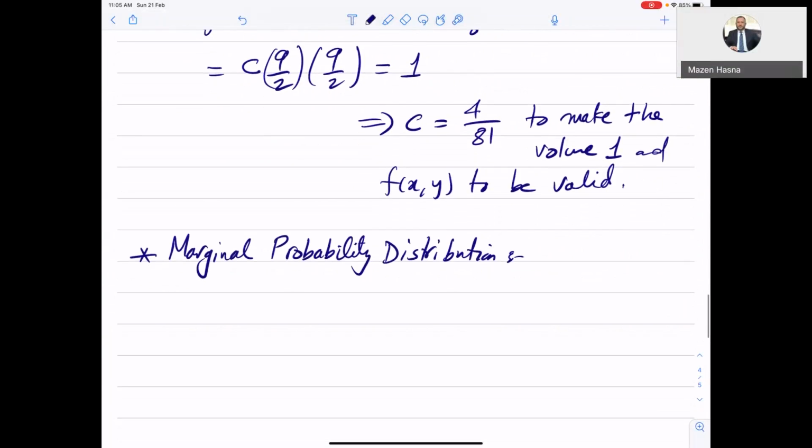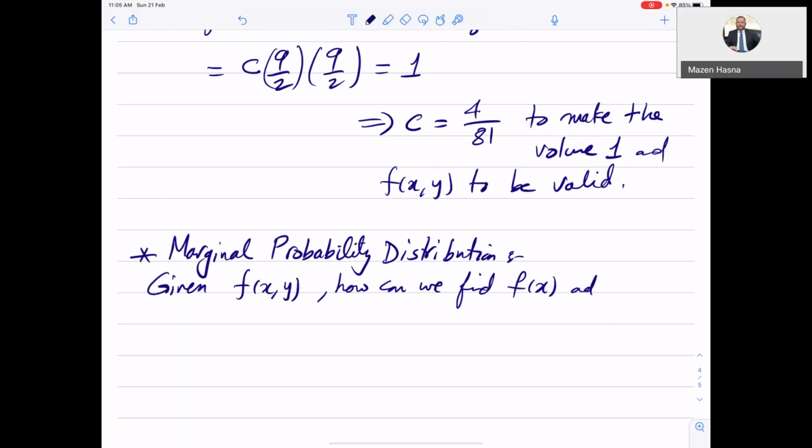Which is basically given, if I give you f of x and y, how can we find f of x and f of y alone? And in this case, we'll call those the marginal distribution. If that f of x and y is the joint, those will be called, in this case, marginal distributions.